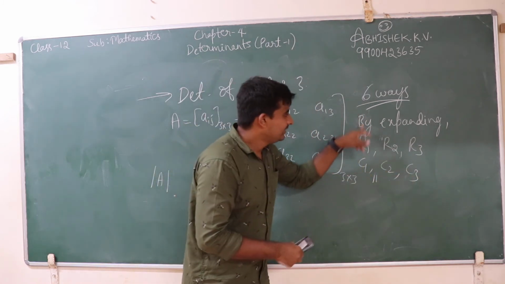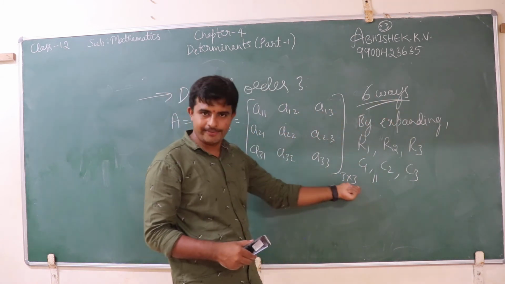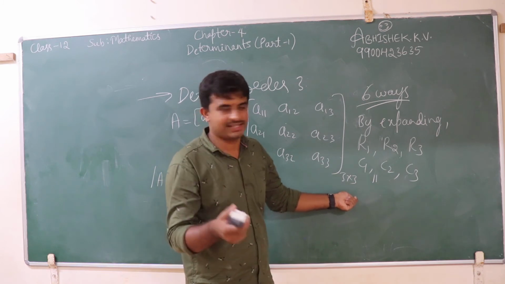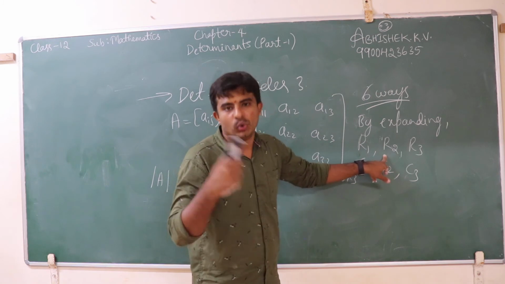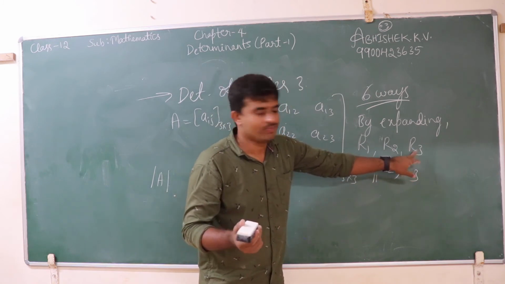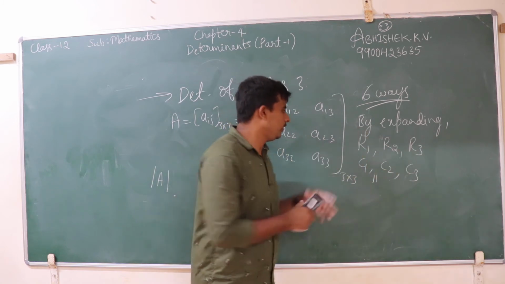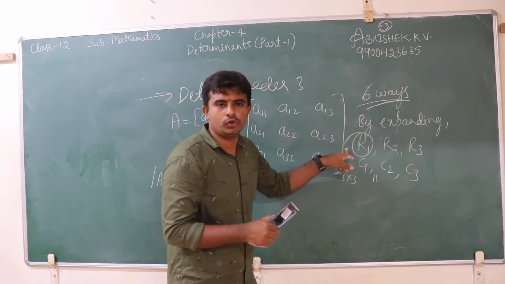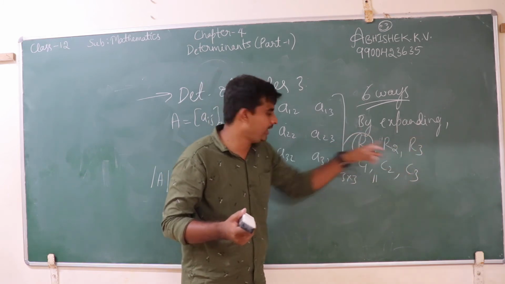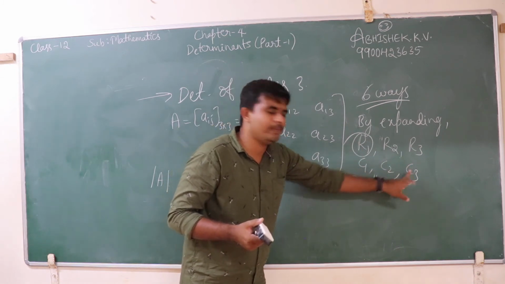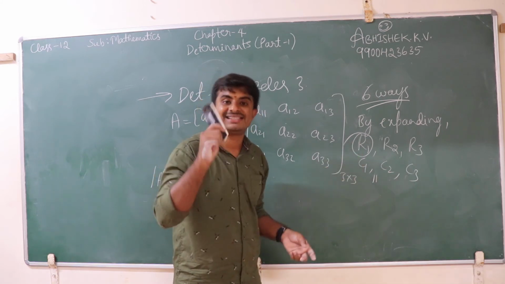That means row 1, row 2, row 3, and the columns. For this expansion you are going to use only one method, by R1 or R2 or R3, by C1 or C2 or C3, any one of these. But you will get the same answer.